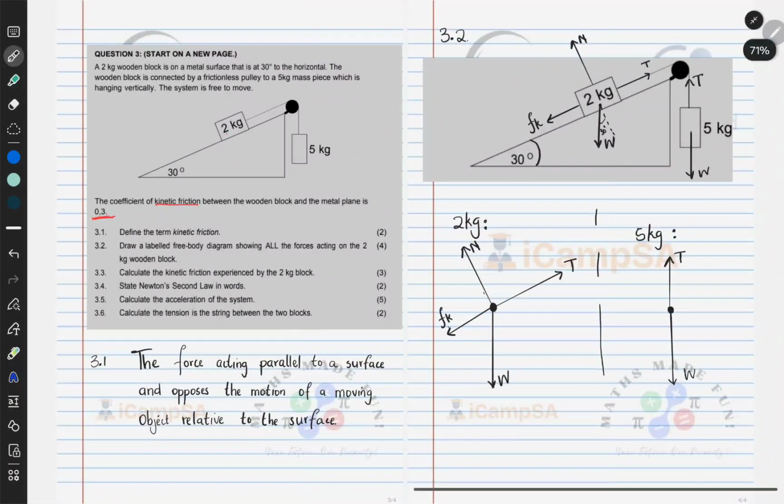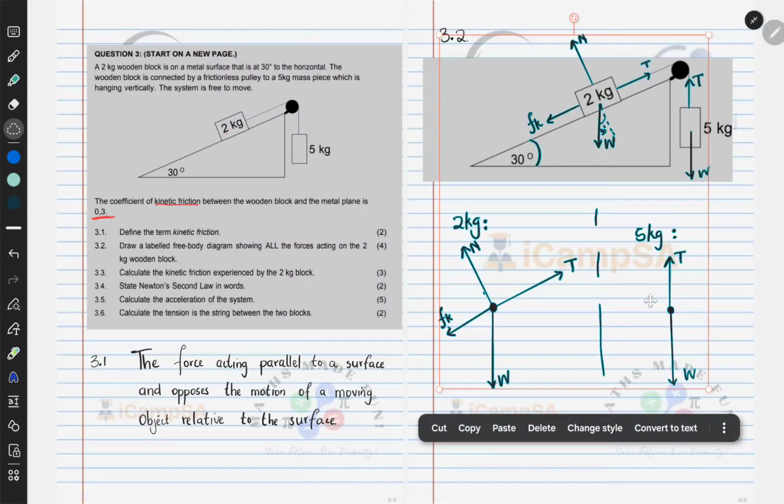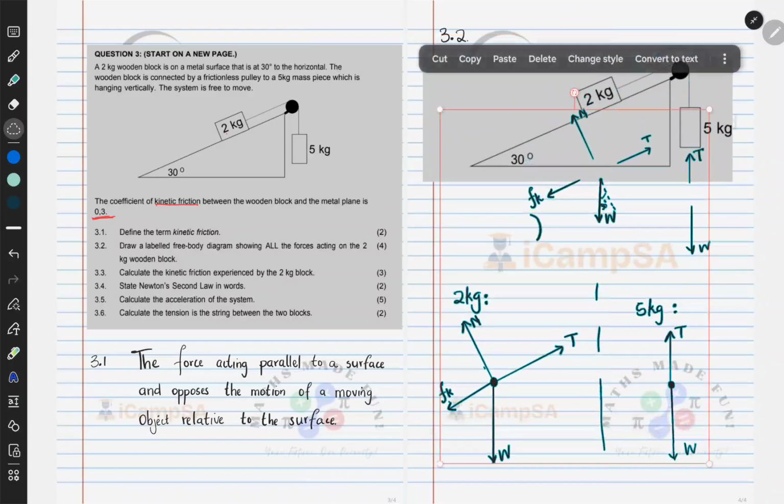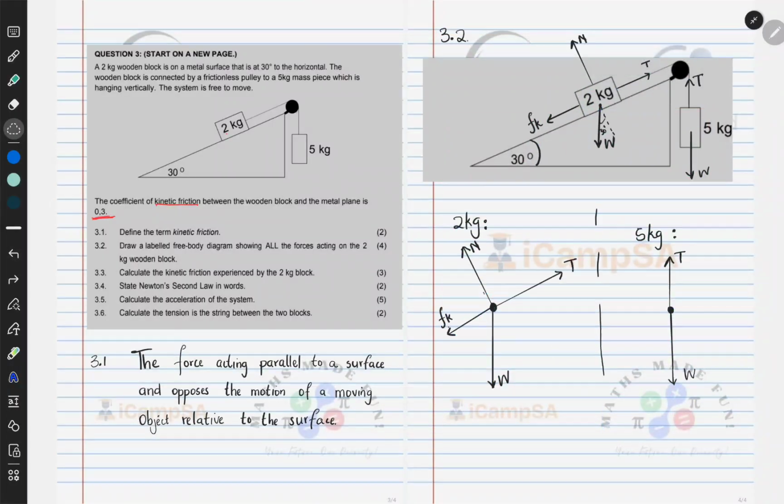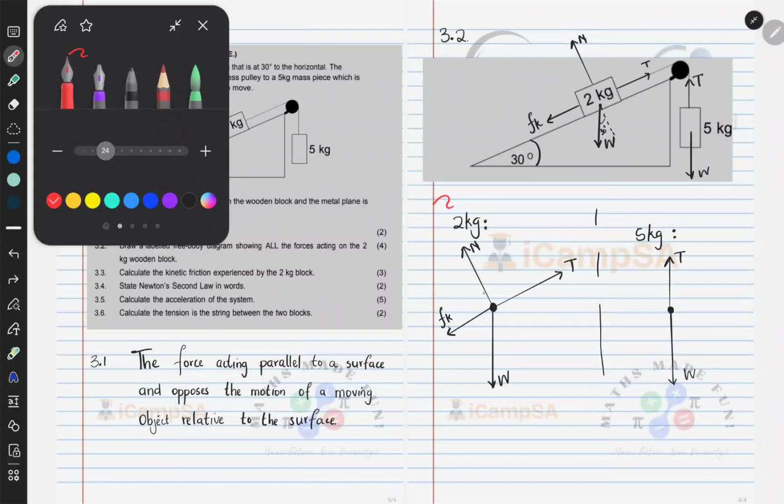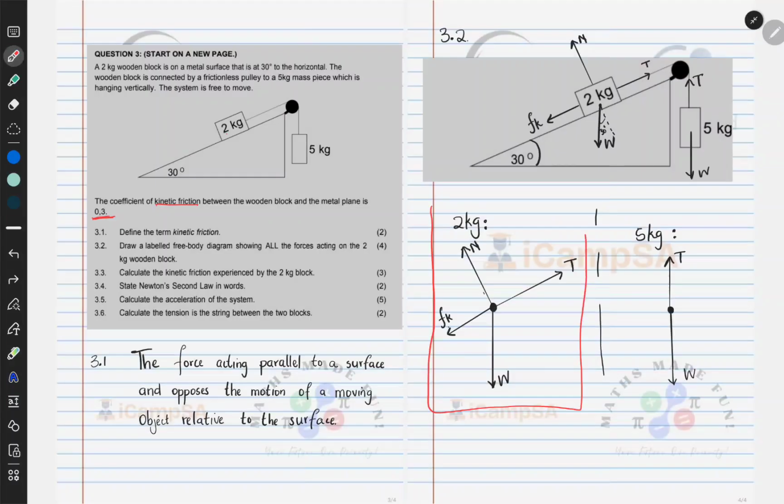We started by first annotating our given problem, the diagram that is given in our problem. So that's our 3.2.